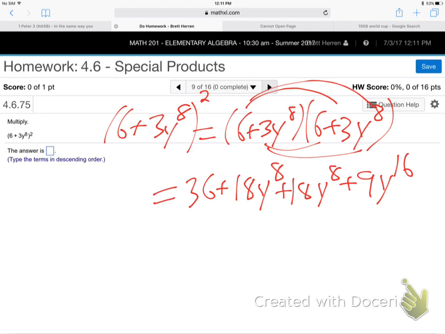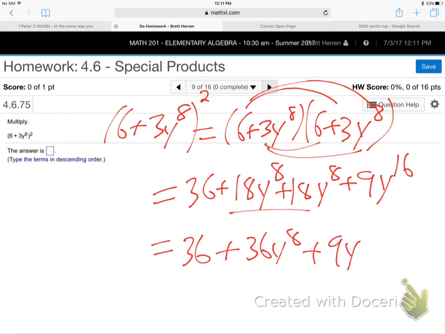The powers add. Like that. We good so far? These 2 in the middle add to 36y to the 8th. And we're done. Oh, and they want descending order.